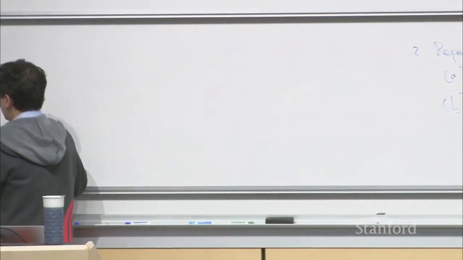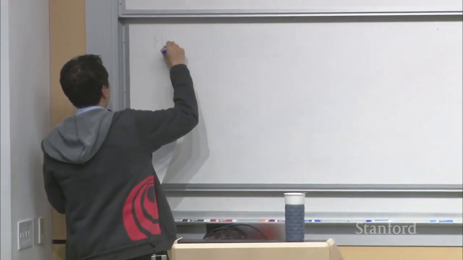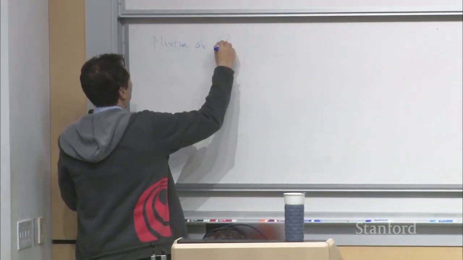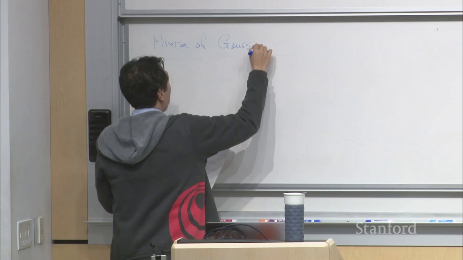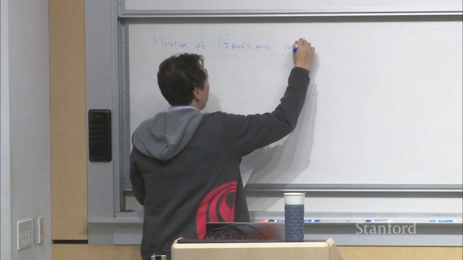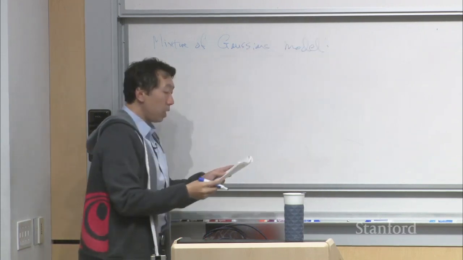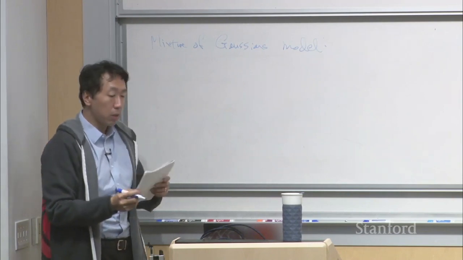So let me first write down the mixture of Gaussians model, and then we'll describe the EM algorithm for this.